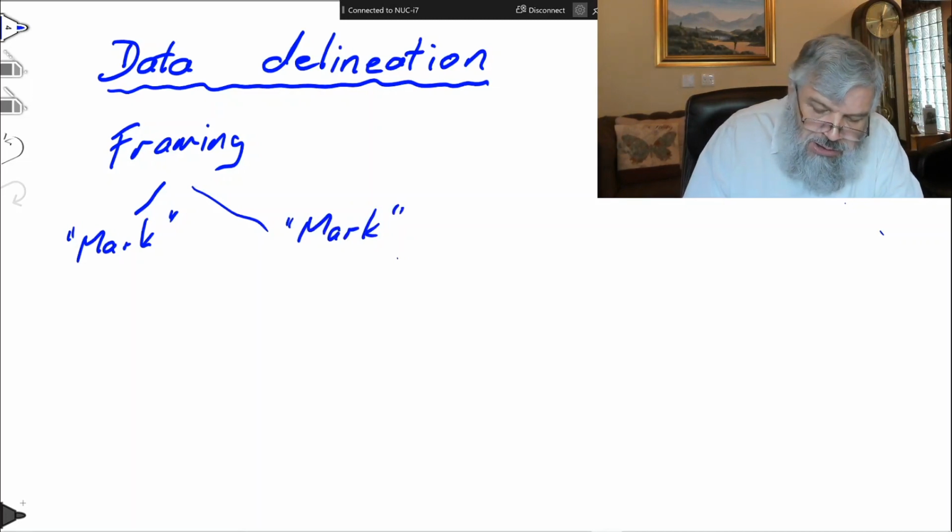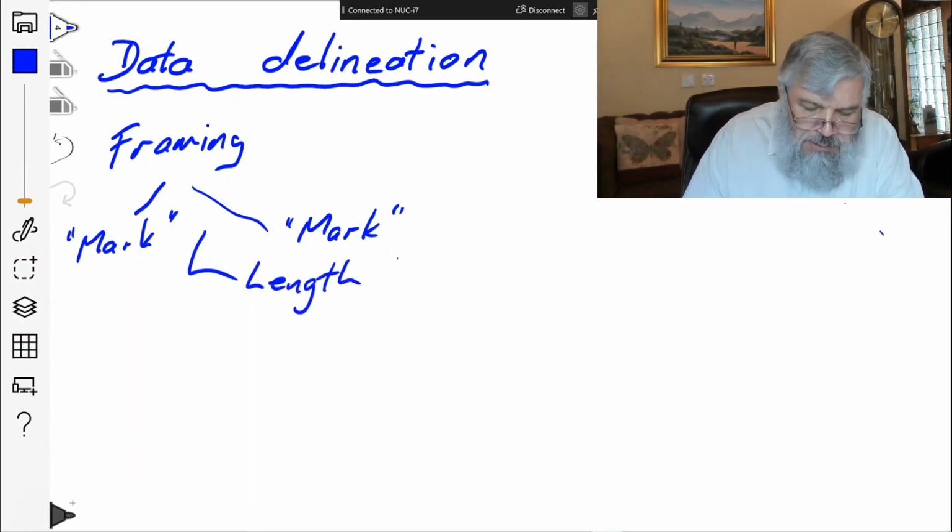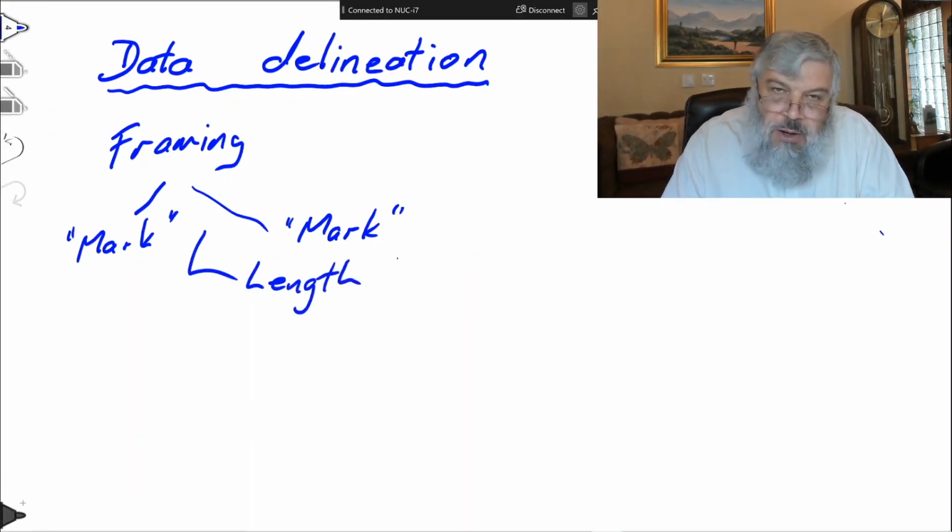But as an alternative to that, we can also have something in the frame that tells us how long the thing will be. In other words, some sort of a length field. And if we know how long it is, then we don't have to mark the end. We can just receive so many bits or so many bytes, and we know that we've received everything we should have received.